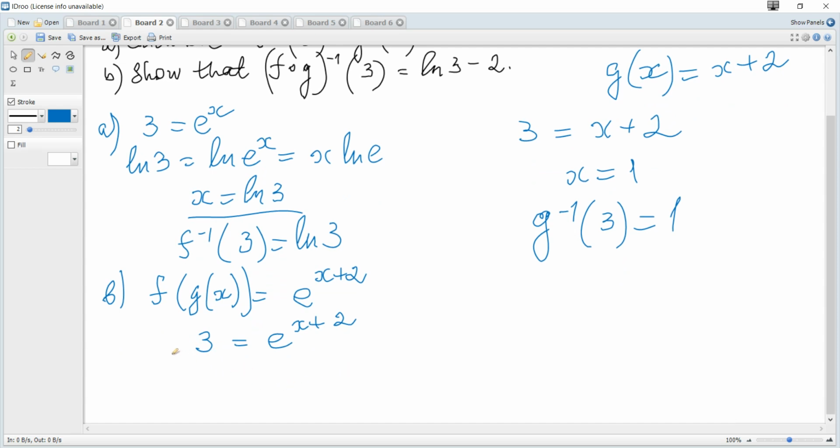So, again apply ln on both sides, and it becomes ln 3 is ln of e to the power of x plus 2, which is x plus 2 times ln e, which is 1. And hence x is ln 3 minus 2.